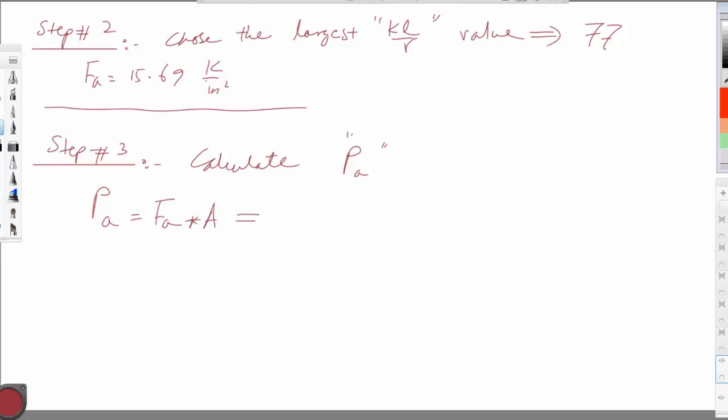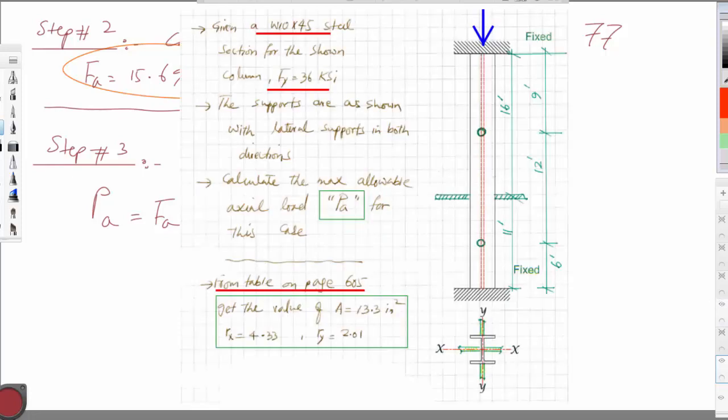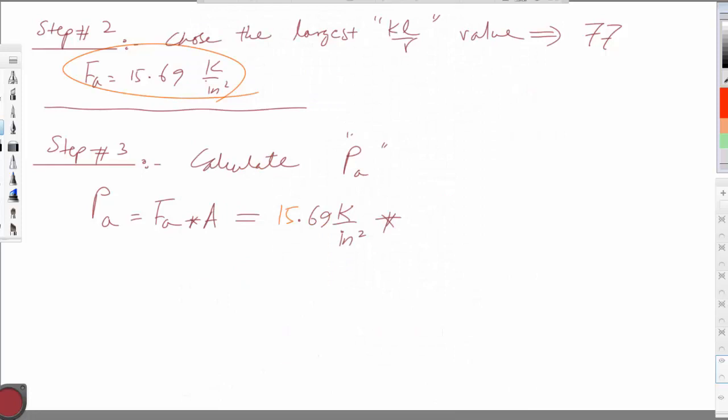So FA is, as we have chosen here, 15.69 kip per inch square, and the area is equal to, go back here, 13.3 inch square.